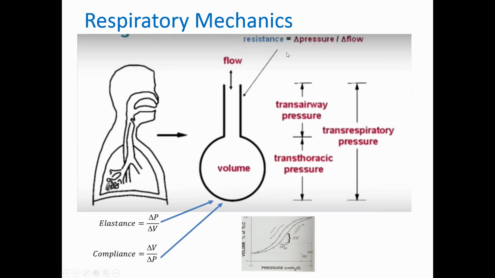So you would think about the resistive forces responsible for the trans-airway pressures, and then the resistive forces that bypass the trans-thoracic pressures. The entire thing is referred to as the trans-respiratory pressure. If you really want to calculate the trans-respiratory pressure, it's the pressure at the oral cavity of the tubing, when the flow is ceasing, minus body surface area.